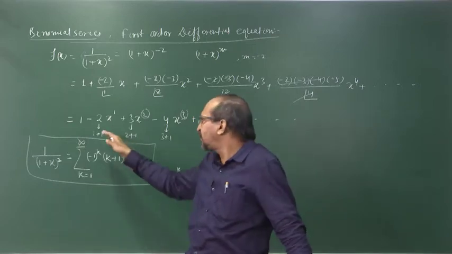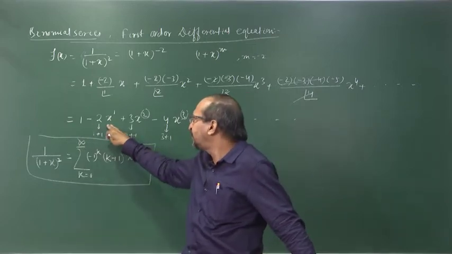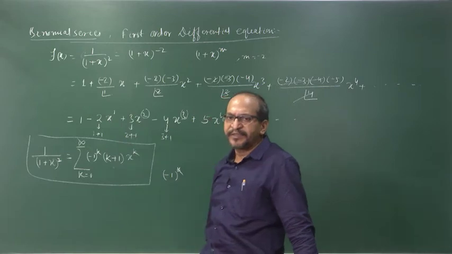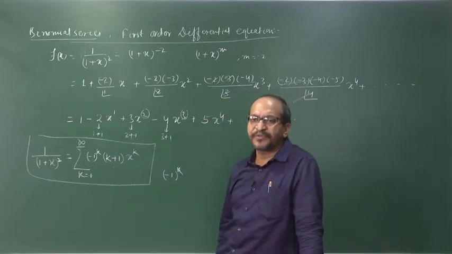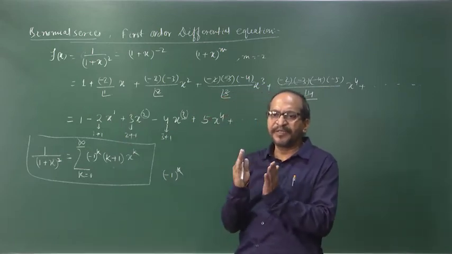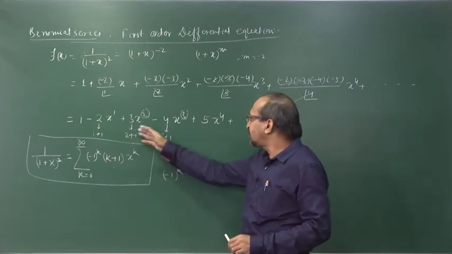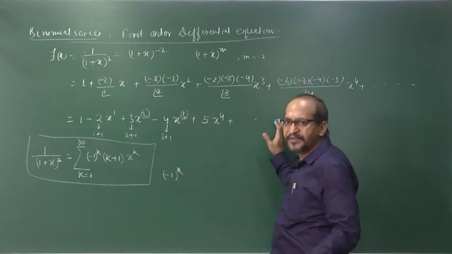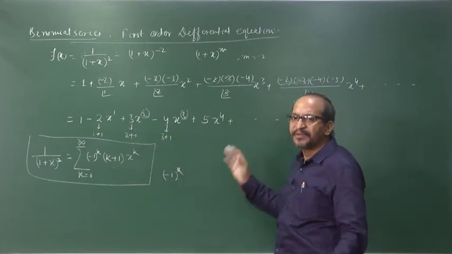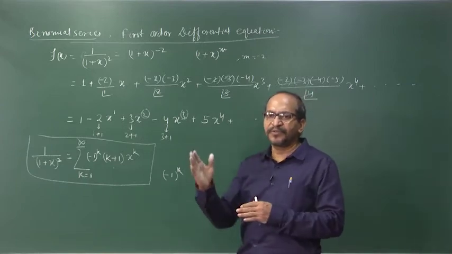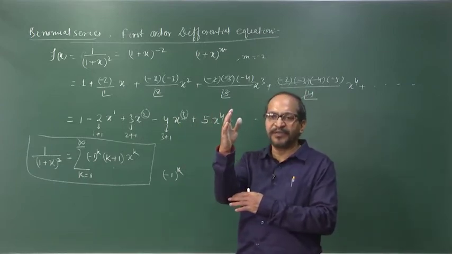That means if you plot the graph of 1 minus 2x and the exact function 1 by (1 plus x) square, the overlapping area will be less. As you take into account more terms in this power series, the graphs will approximate the original function.